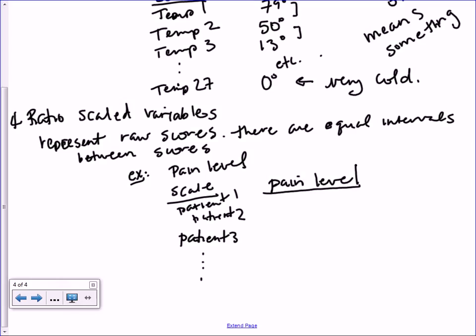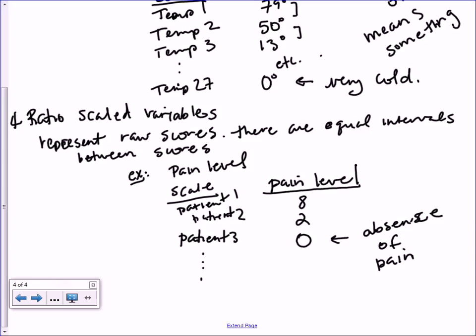and patient 1 says my pain level is at an 8, you know that that means the patient is hurting. If patient 2 says my pain level is at 2, that means they're not really hurting. If patient 3 says their pain level is 0, 0 means absence of pain.